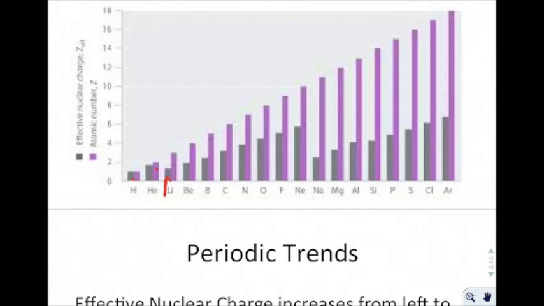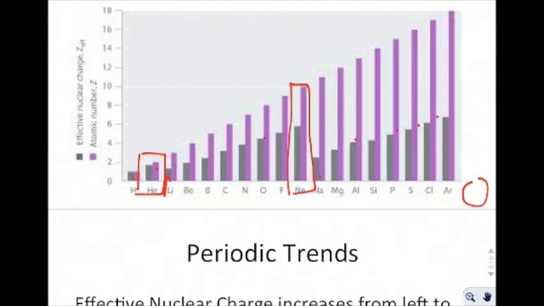You can probably guess what it's going to do next. Each time it gets to a noble gas, the very next element drops significantly.